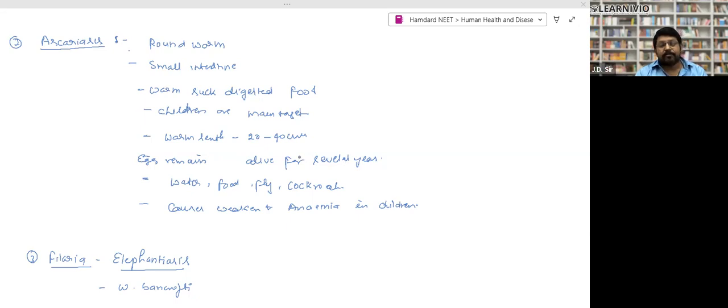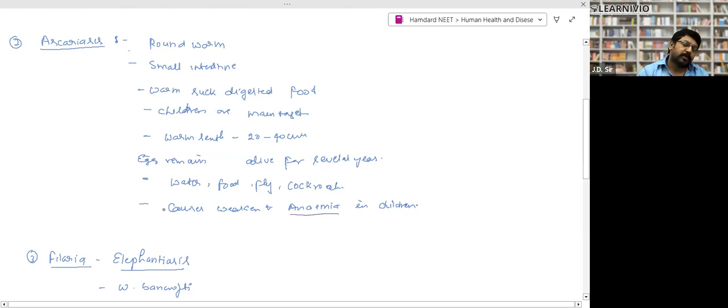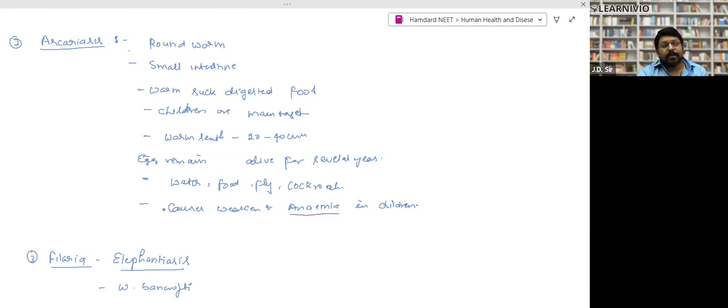The eggs are laid and spread through the stool, and they remain alive on the soil for several years. It is spread through water, food, flies, and cockroaches, right? It causes weakness and anemia in children, right? So this is responsible for anemia in small children. You just have to remember the name of the organism.